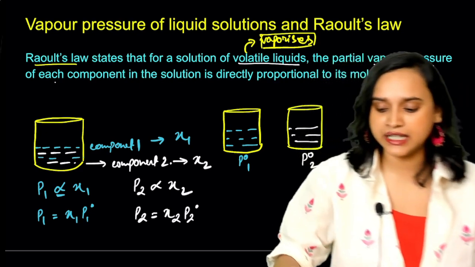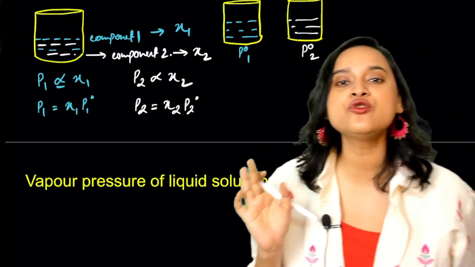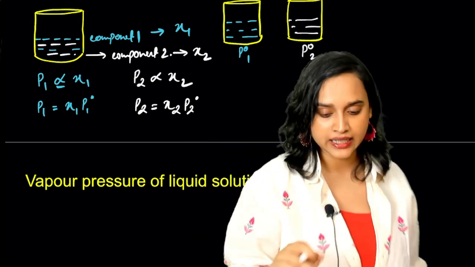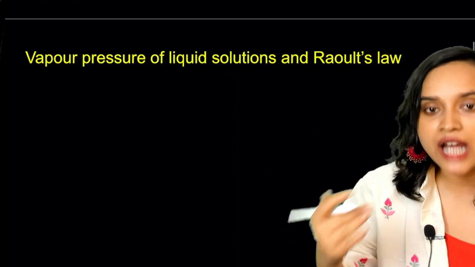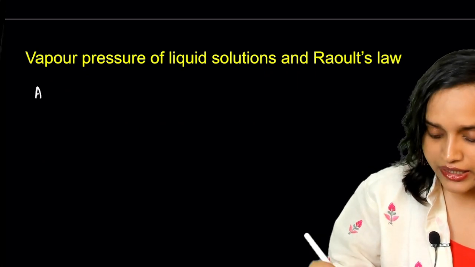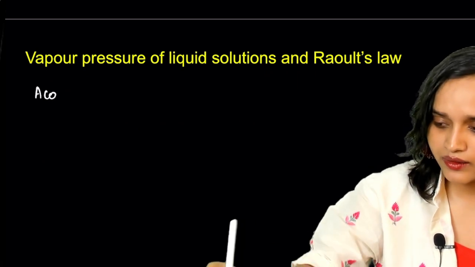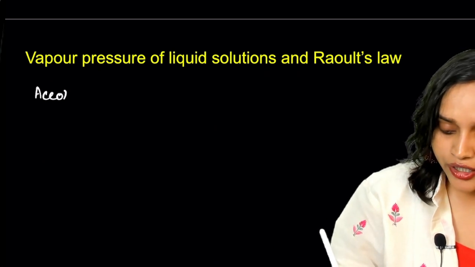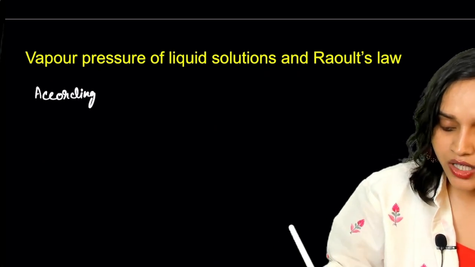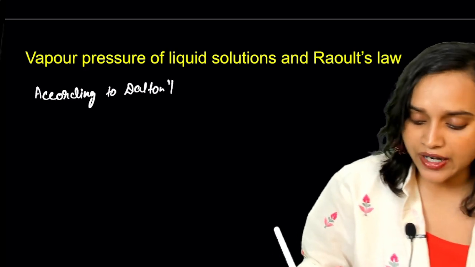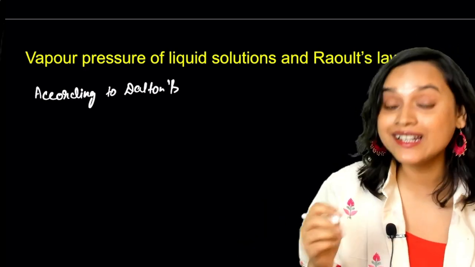Now what happened? After going through this, there was another fellow called Dalton, John Dalton. So according to Dalton's law of partial pressure, for this I have to write because if I don't write then you will not understand. It's a little confusing.